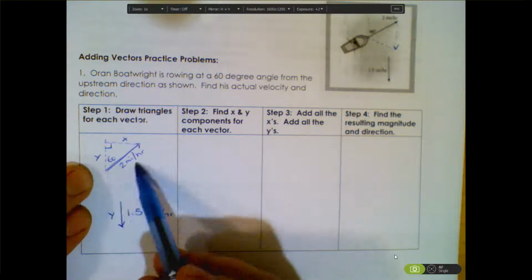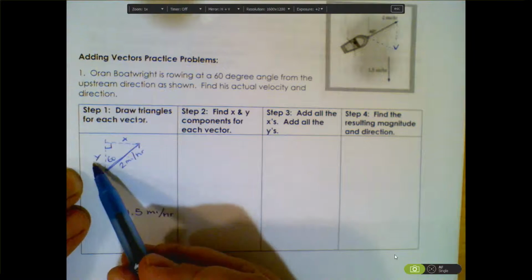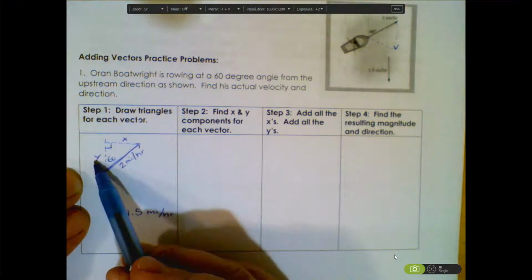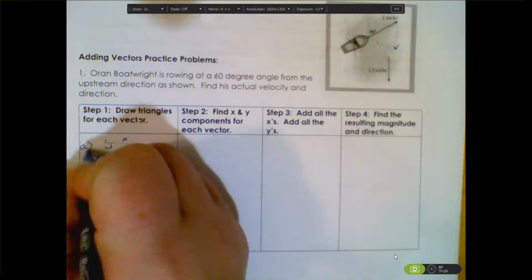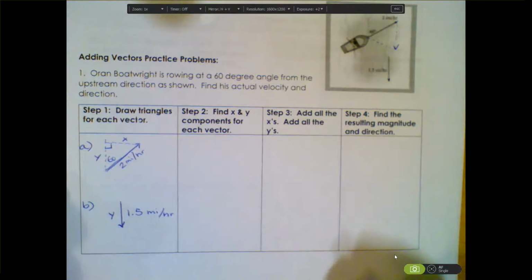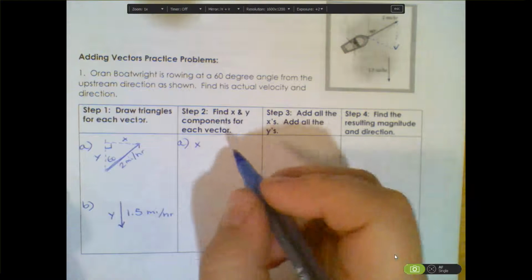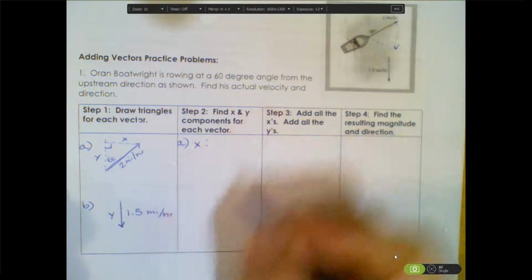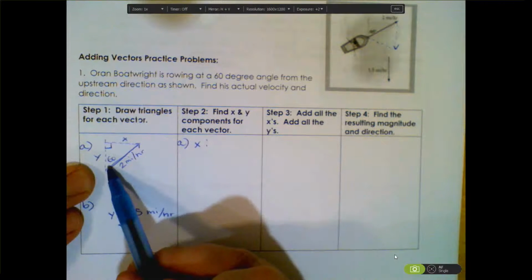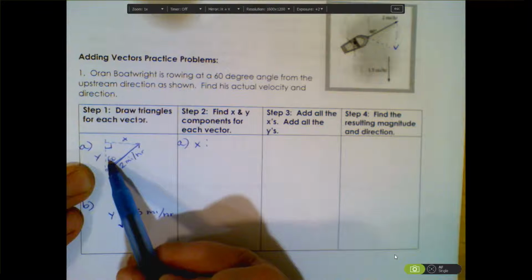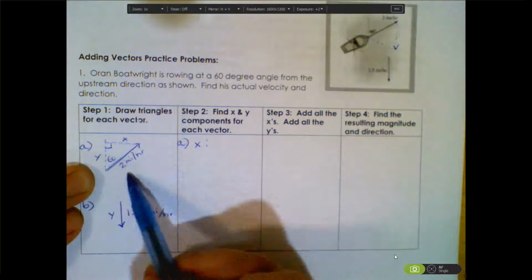I'm going to use my trig relationships to find what x equals and what y equals for triangle A. I'm going to call this A, I'll call this B. So for A, x is going to be, let's see, we can take the sine of 60 is x over 2.